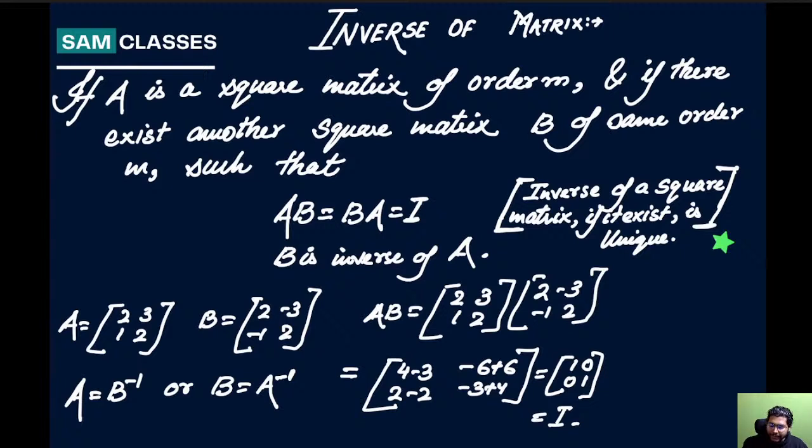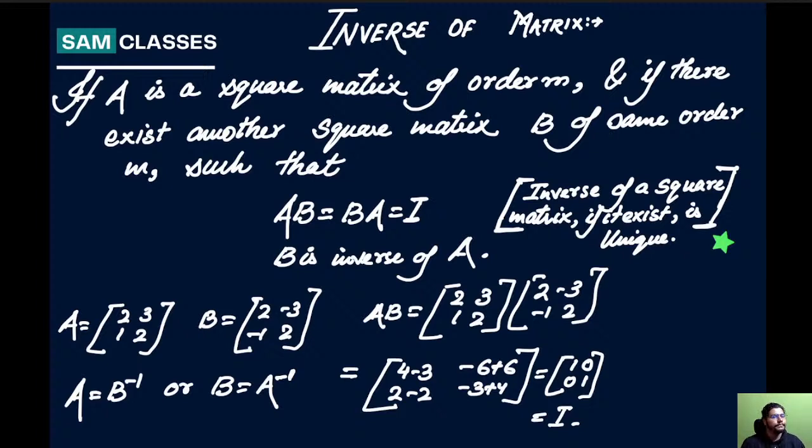Now how do we find the inverse and everything? We'll teach, we'll come to that. As of now, this is inverse. And the inverse of a square matrix, if it exists, we'll see the condition when it exists, is always unique. Can you tell me the inverse of 2 other than half?